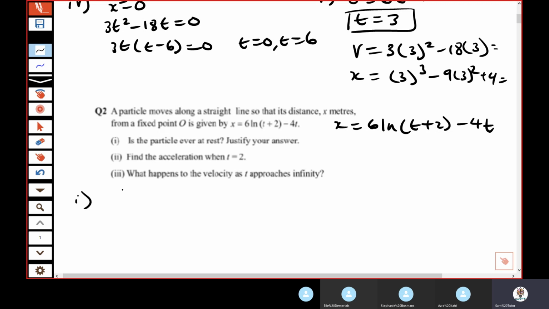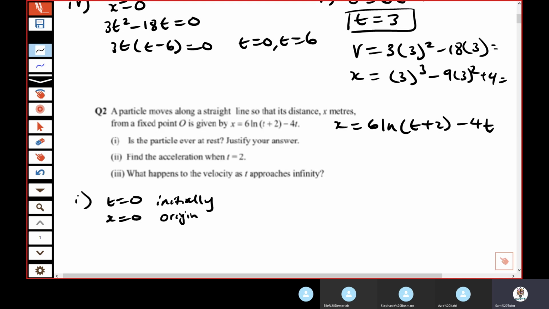When you see the word initially, that means t equals 0. Then x equals 0 is the origin, starting with O. When x equals 0, it's about the origin.